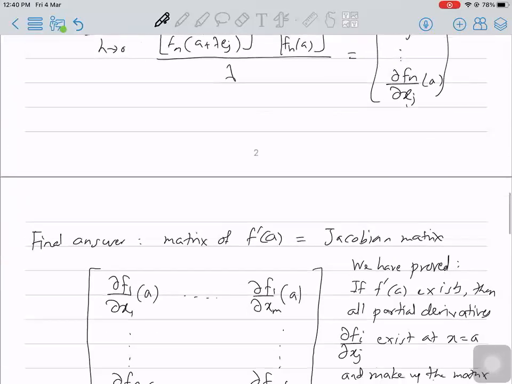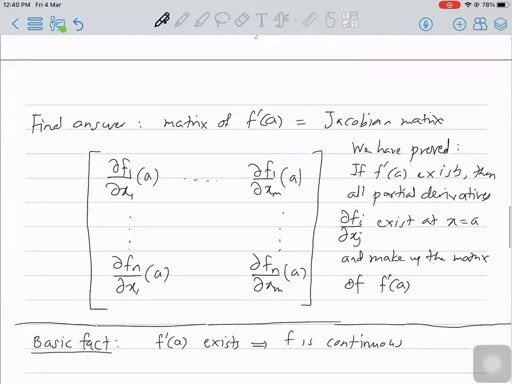So this immediately brings a question. When we have proved that if the function is differentiable at a given point, then all the partial derivatives exist at that point, immediate question: P implies Q. We always ask, does Q imply P?